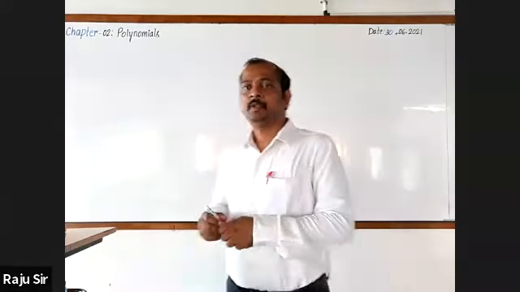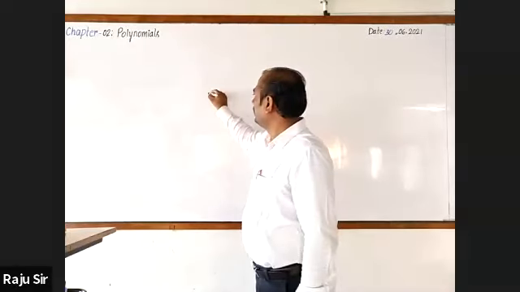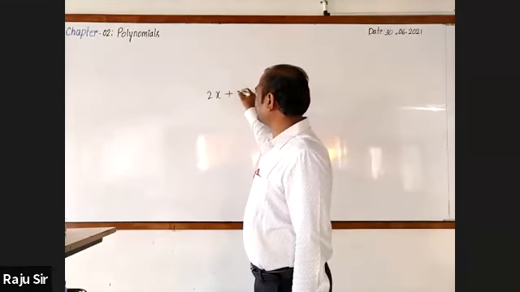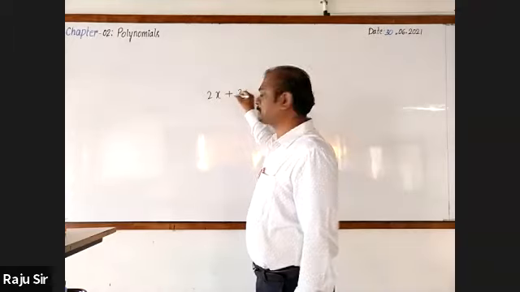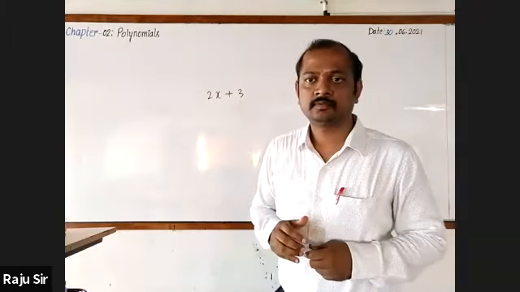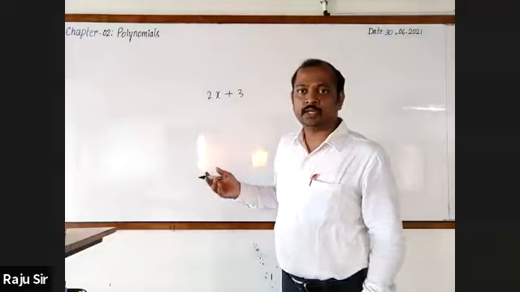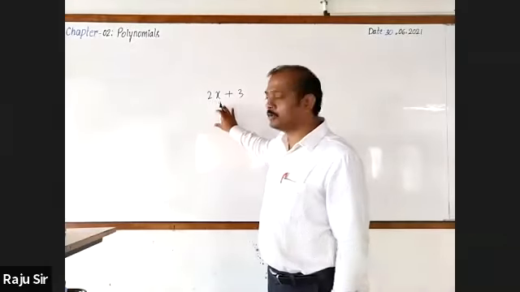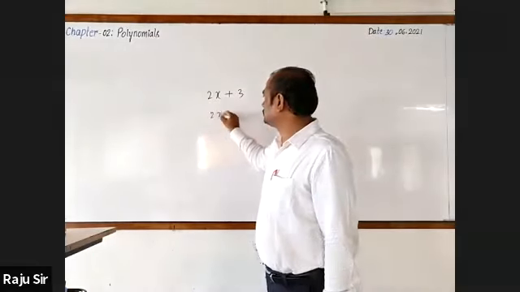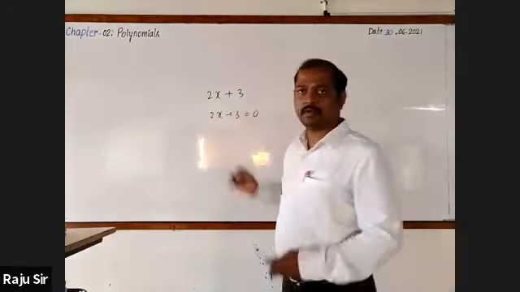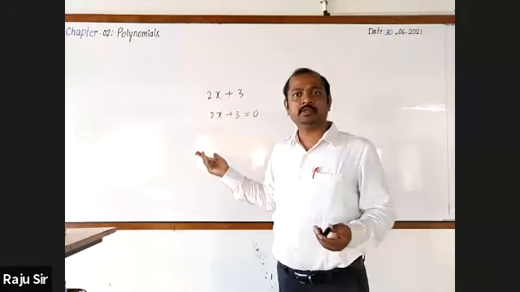Tejasvi, you tell. What is the zero of the polynomial 2x plus 3? Just mind calculation is enough. Minus 3 by 2. You know how to find the zero of this polynomial. First it should be equated to 0. Then you solve for the variable.